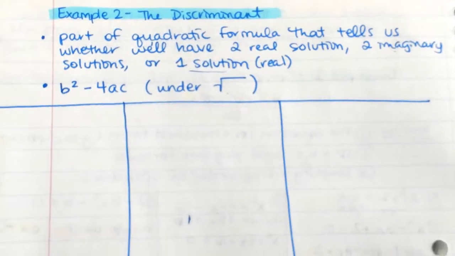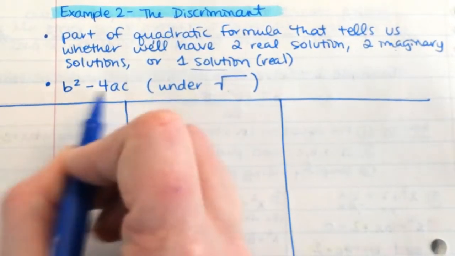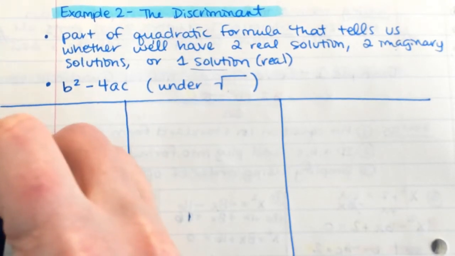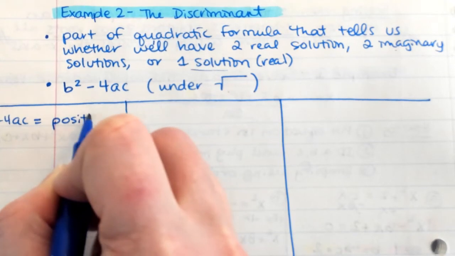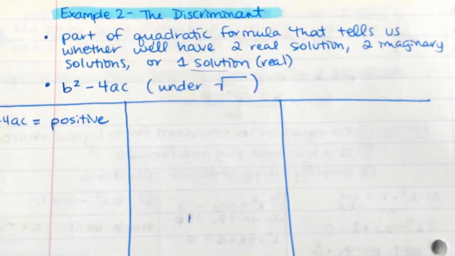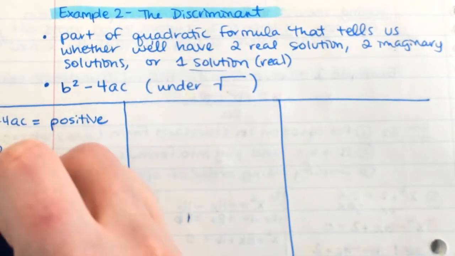So basically, if the discriminant, if b squared minus 4ac equals a positive number, then that means we're going to have two real solutions.